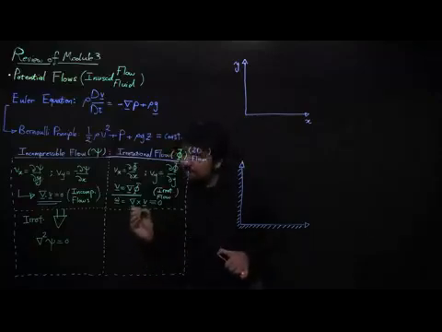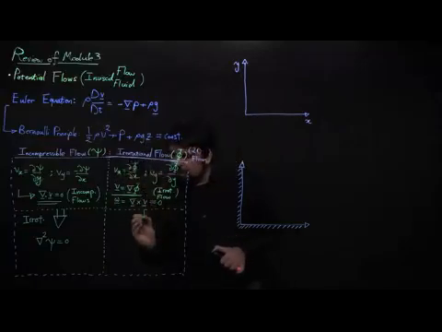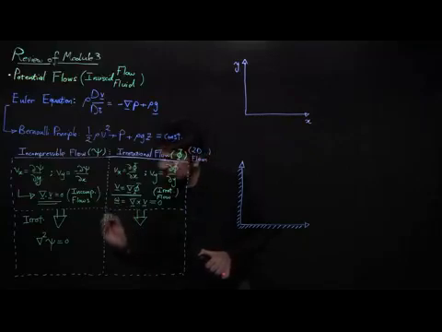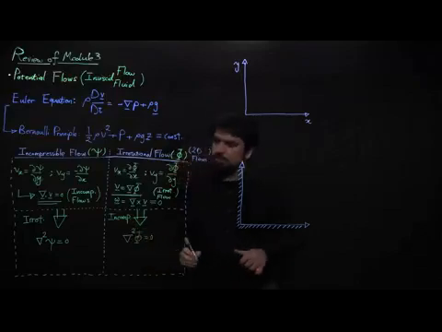We also discussed that if you take the other column, which was irrotational flow, and add to the irrotational flow this new condition that the flow should be also incompressible, we reached the conclusion that the Laplacian of phi, or del squared phi, should be equal to 0.